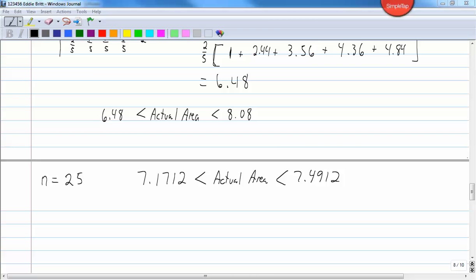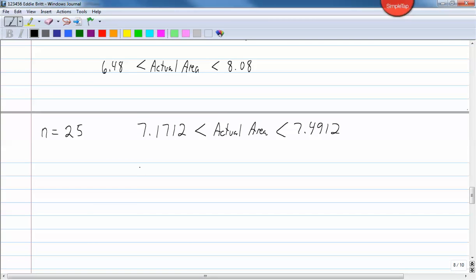Okay, so as our change in x here, as our change in x, or our delta x, gets smaller and smaller and smaller, then the closer we get to the actual area. Okay, and so this would be our change in x.